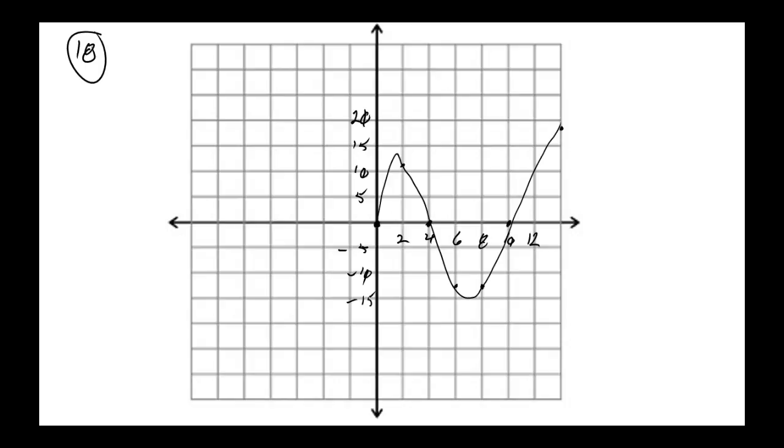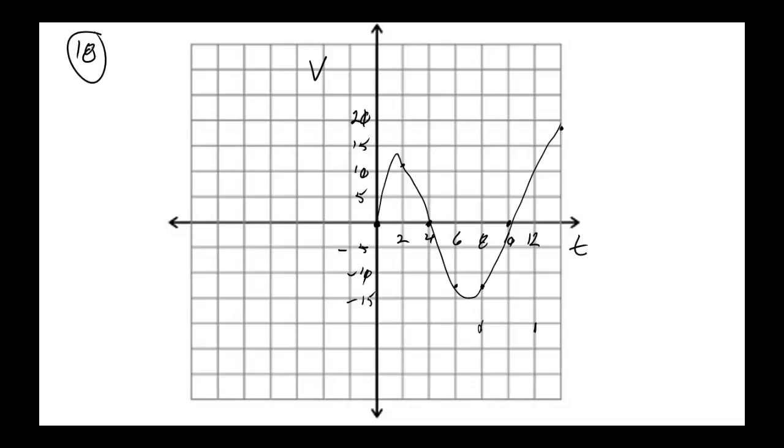All right. The graph below shows the velocity of an object, and this is velocity as opposed to, I assume, time. They don't label that, but I think it has to be. Roman numeral I says the object is moving to the left on the interval from 8 to 12.